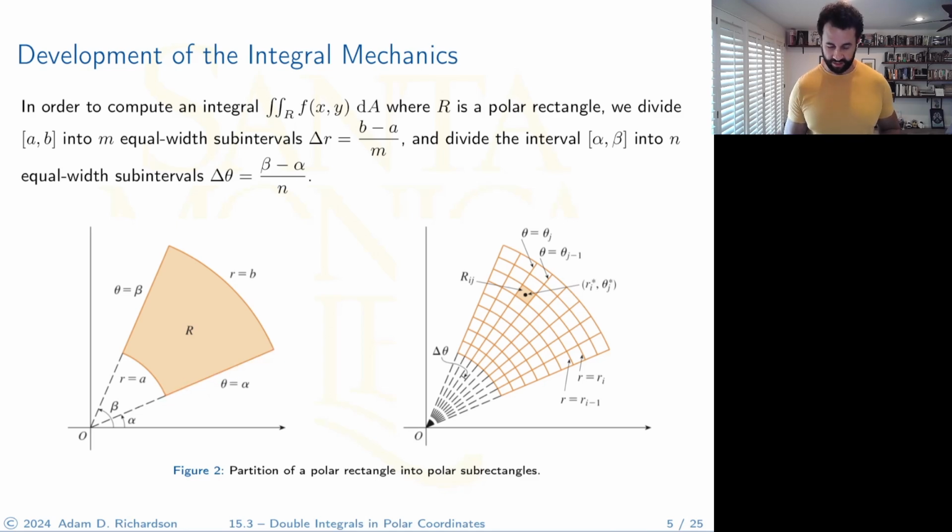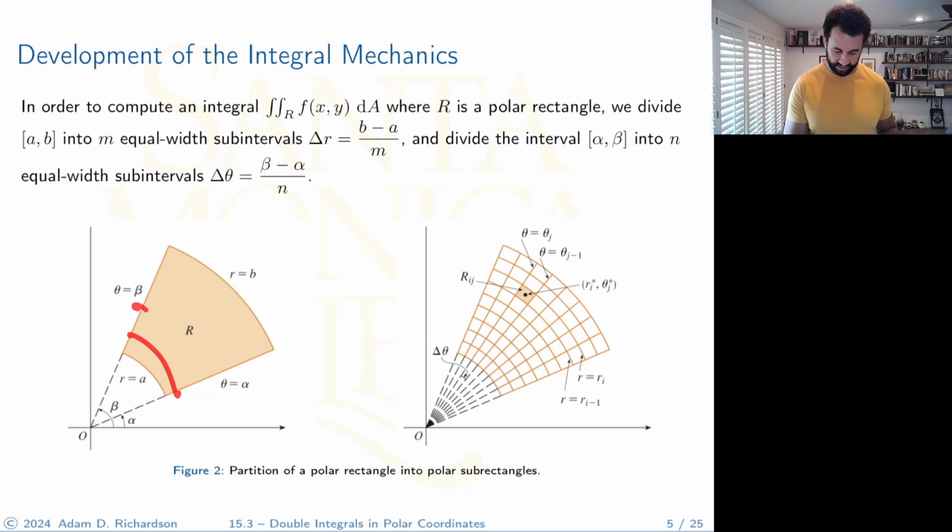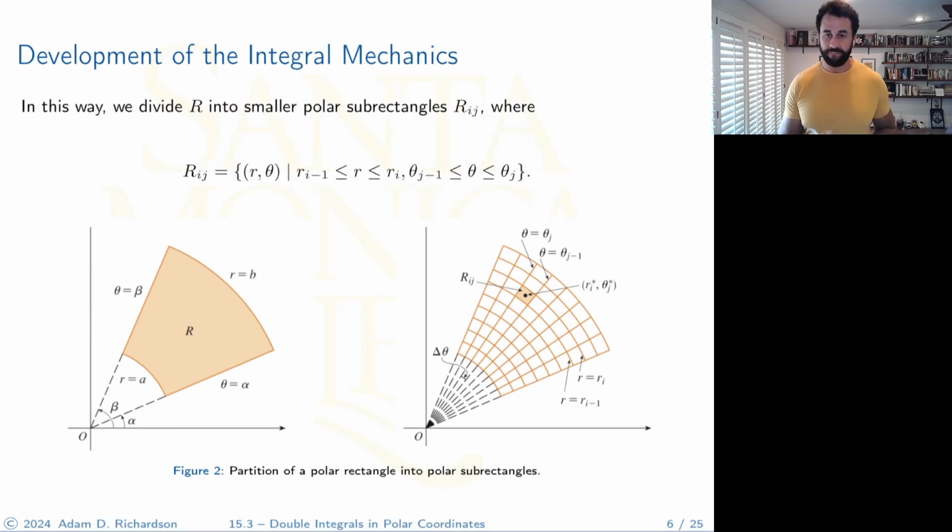We're going to cut it up into some subintervals, and then we're also going to divide our angle interval into subintervals, like that. And then what is the result? You get a bunch of polar subrectangles. That's what all these things are, polar subrectangles, right?